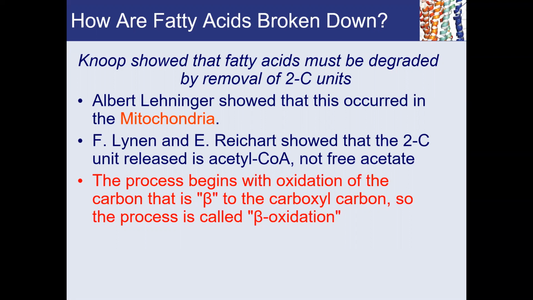Knoop was the first one to show that when fatty acids are degraded, it happens sequentially, step by step, by removal of 2 carbon units. And that this removal happens in the mitochondria is what was shown by Lehninger, the textbook we follow. So Lehninger was the first to show that the removal of 2 carbon units is happening in the mitochondria.